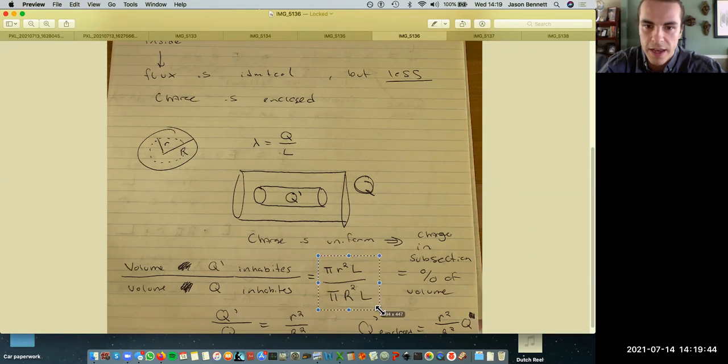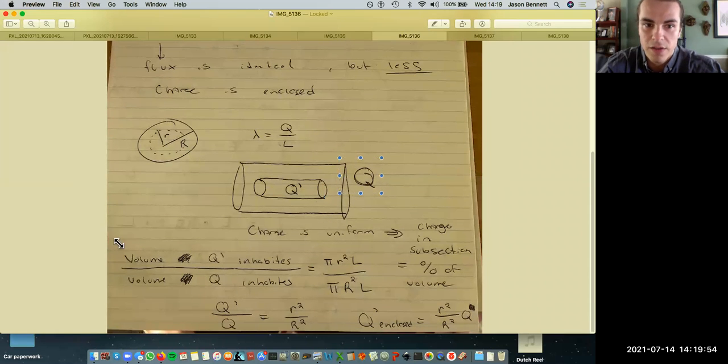And so I have that as the ratio of the volumes for the primed Gaussian surface and the regular one. Then, because of the uniform condition, I'm going to equate that to the ratio of the charge enclosed and the charge enclosed.